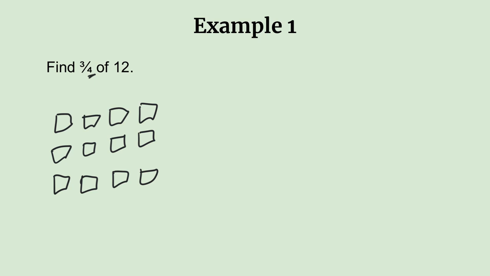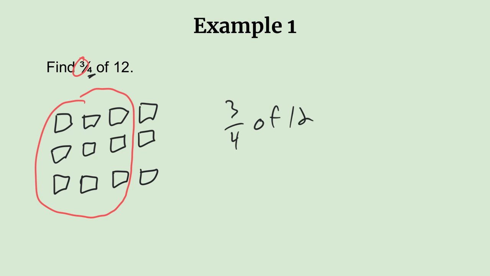We have them in 4 groups, and we want 3 of those 4 groups. So we want 3 of the groups. So 3/4 of 12 equals 9. 1, 2, 3, 4, 5, 6, 7, 8, 9.